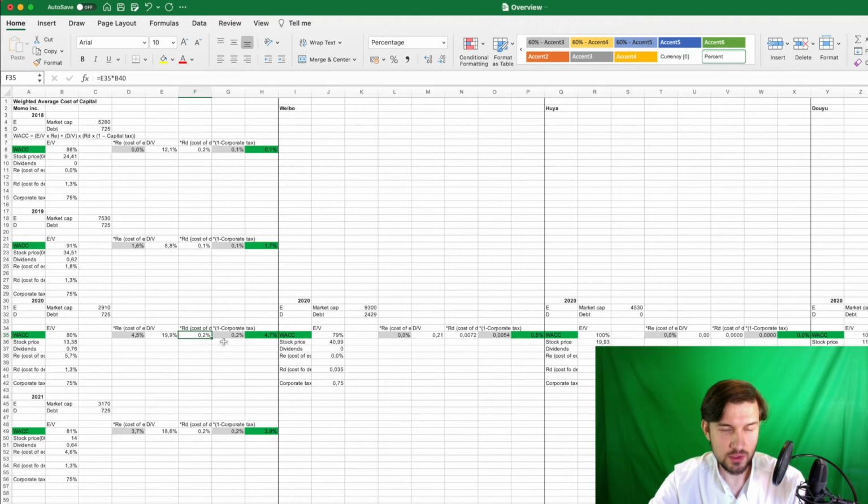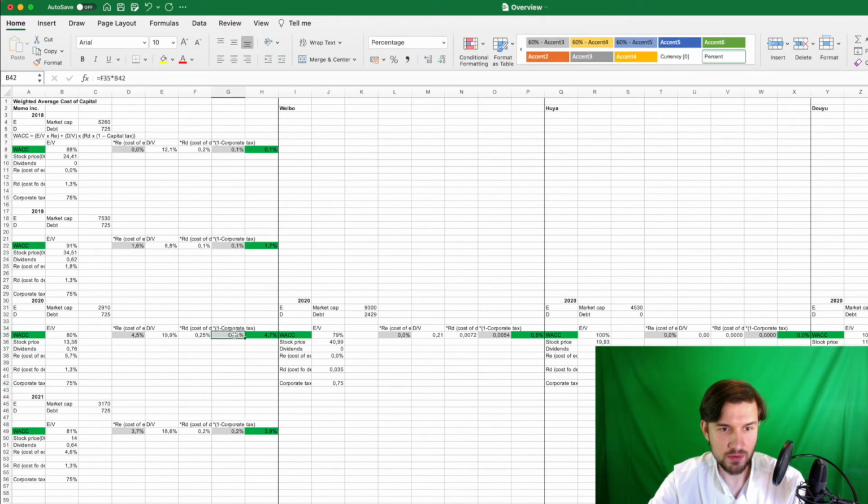You also need to reduce it by 25% related to the corporate tax, because interest is deducted from the taxable base. So you multiply the 0.25% cost on the long-term debt by 75%, because we want to reduce by the 25% corporate tax. Therefore, it's 1 minus 0.25.